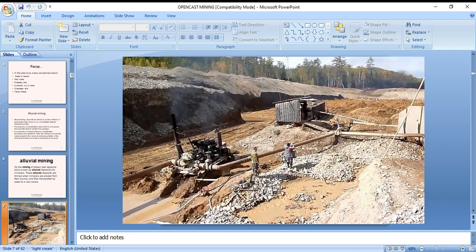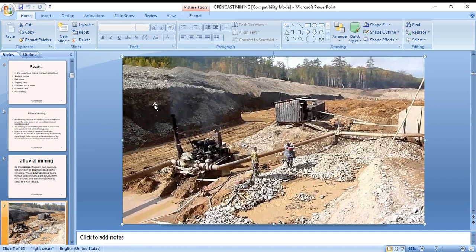You can easily identify here that these are alluvial deposits, and there is an extraction process going on. The waste and the rare deposits are entering the processing. This is a simple alluvial mining site.